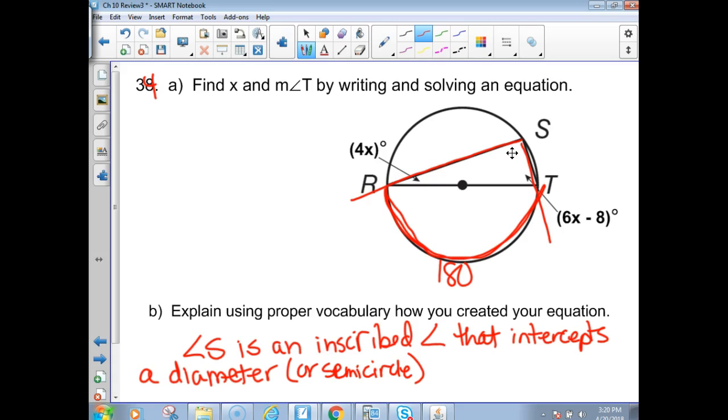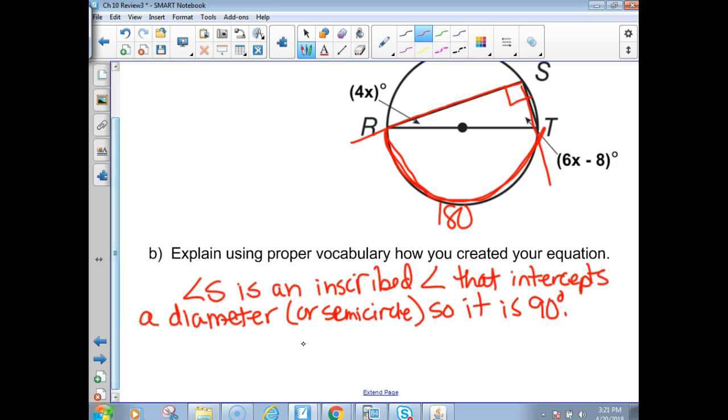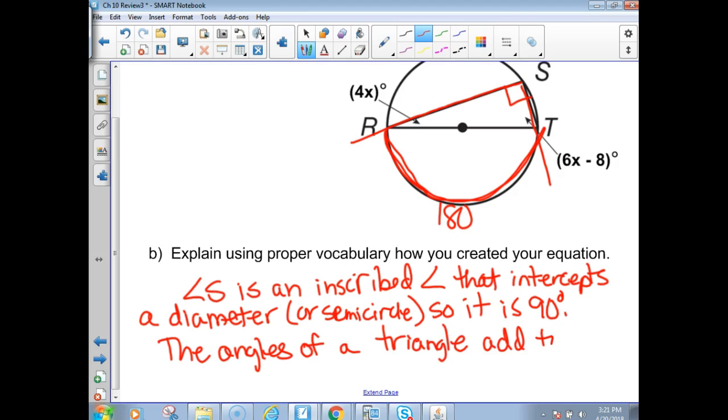So how big is this? 90. Okay. So it is 90 degrees. All right, you've got a triangle there. The angles of a triangle add up to how much? Add to 180.